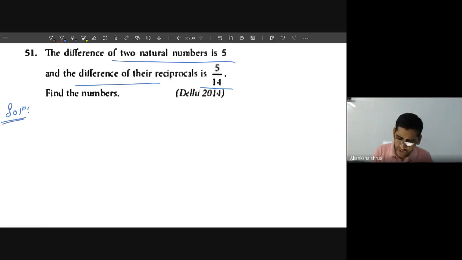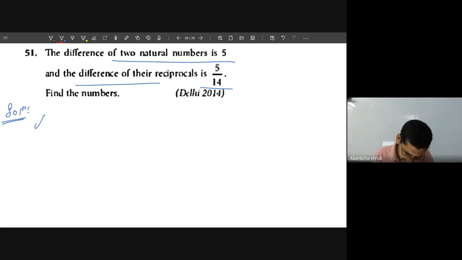So difference of two natural number is 5. Means I can take one number as x, then other number as x plus 5. If I am taking one number as x, I may take the other number as x minus 5. We are free to choose it.